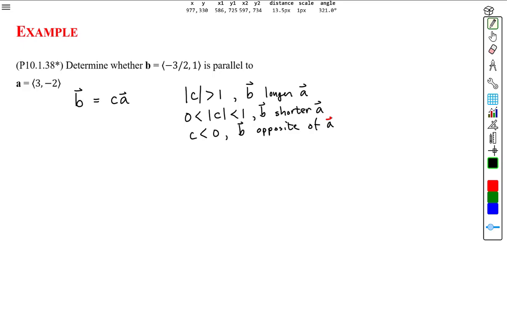So our task is to just see if a scalar value C exists such that this relationship B equals C times vector A is true.